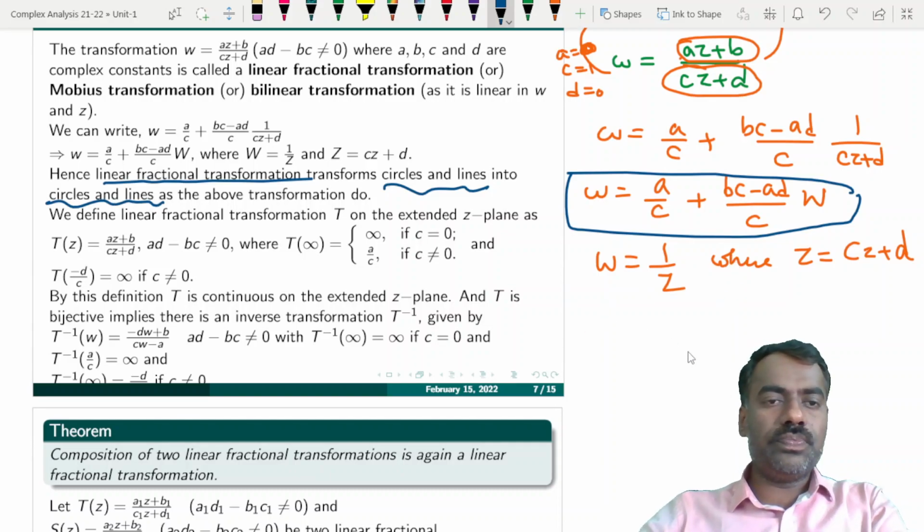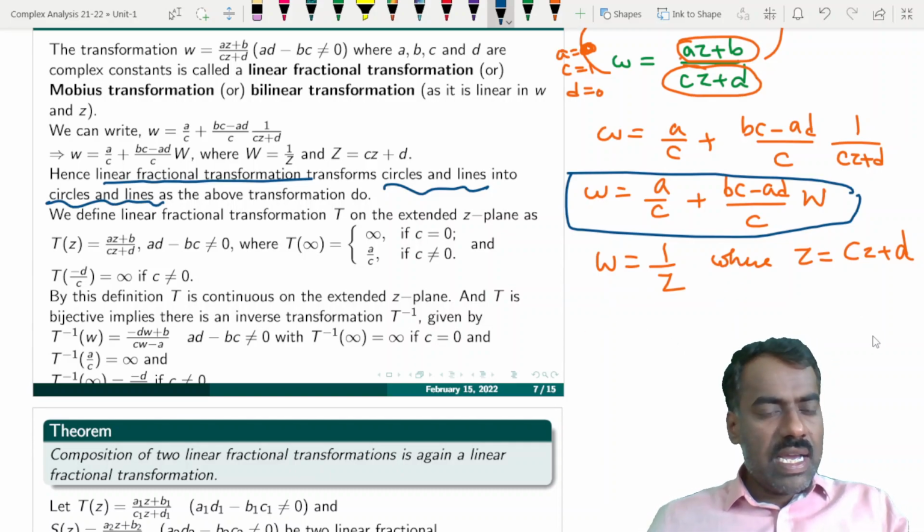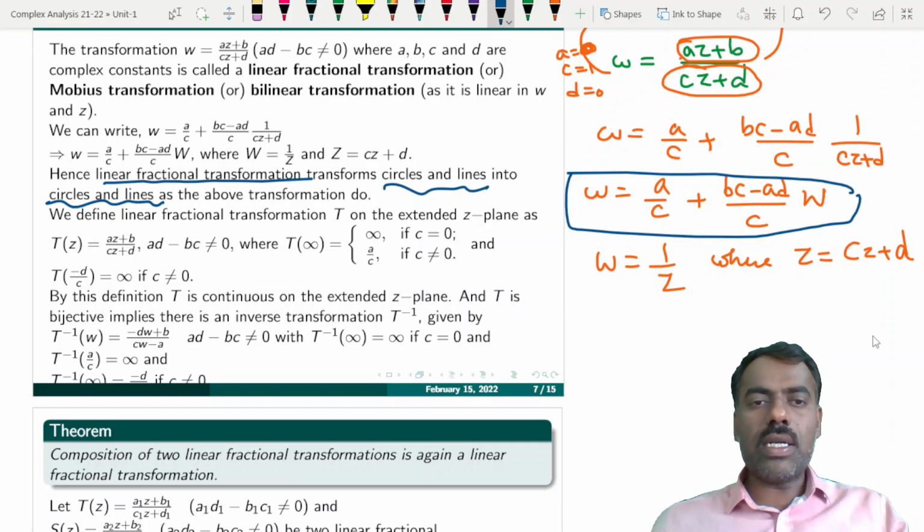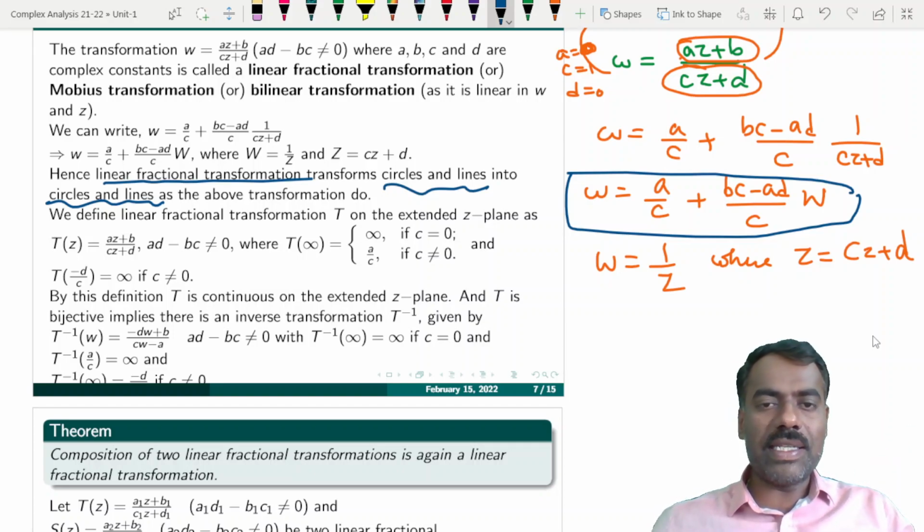Okay, fine. Now we can extend this linear fractional transformation to the extended complex plane. That means we can define the value of this function at z equal to the point at infinity.